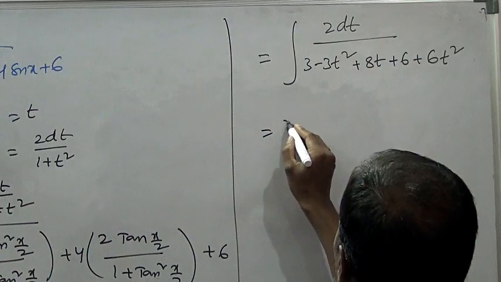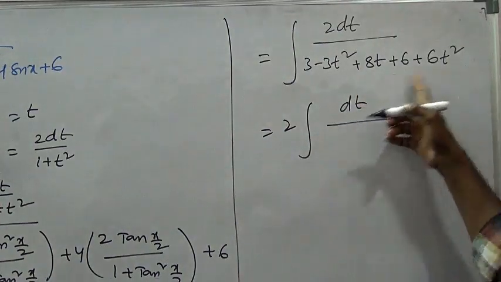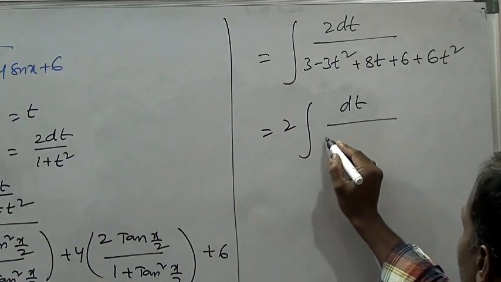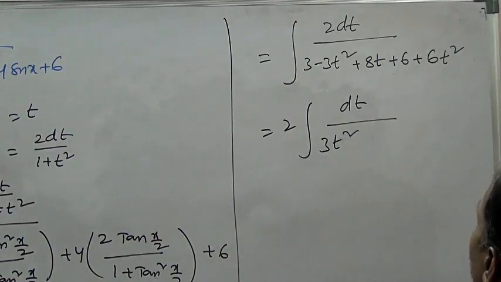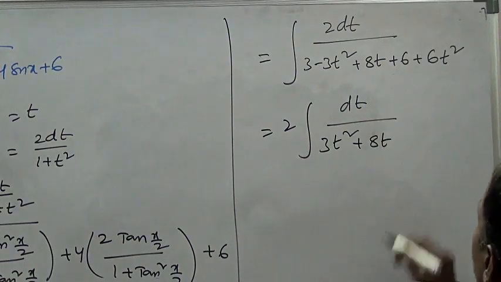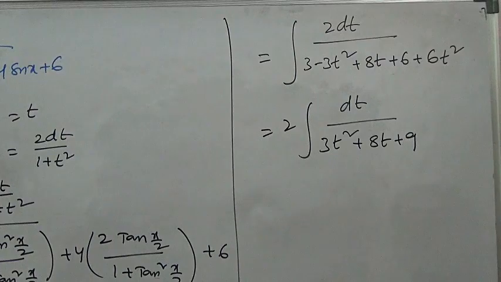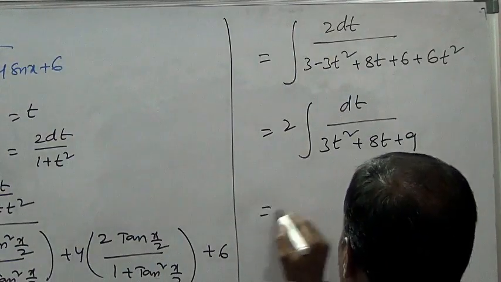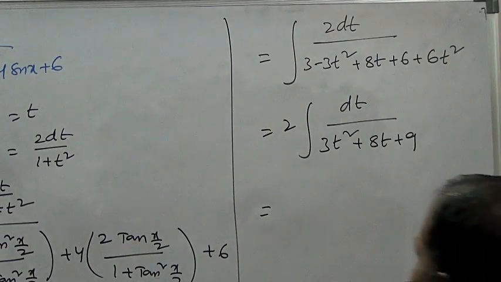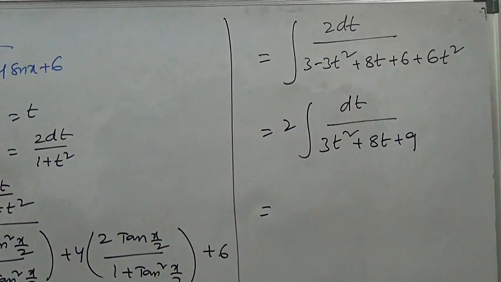So this is equal to 2 integral dt by now 6t square minus 3t square, that is 3t square, plus 8t plus 9. Okay? Now this is quadratic form, ax square plus bx plus c.